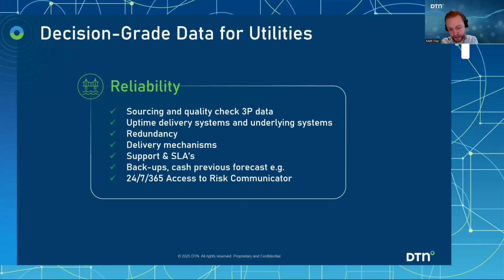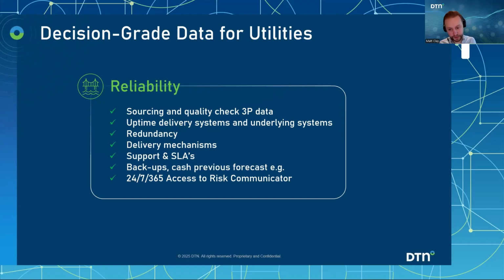Now, when we consider reliability, it's important to also look at other areas such as uptime, redundancy, so you ensure that you can rely on the decision grade data. You should also consider things like backups or even caching the latest forecasts, so you've always got a version available. You should definitely take a look at the delivery method. So you might integrate the information through an API, but then you might also have a backup that comes through email.